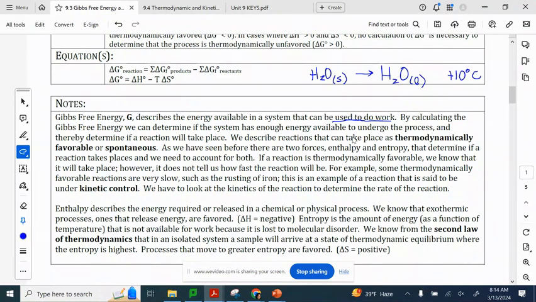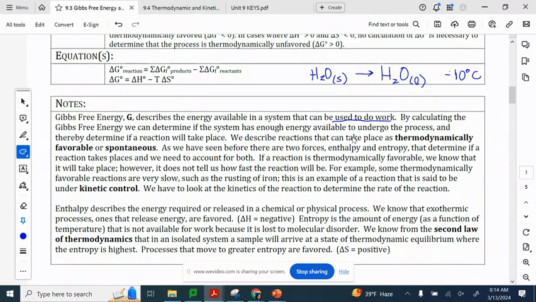If I changed the temperature, would this reaction happen? Yes. So this is a thermodynamically favorable reaction when we are at 10 degrees. We modify that temperature and we drop it down to minus 10 degrees. It's not going to happen. Okay, so that's what they mean by being thermodynamically favorable.